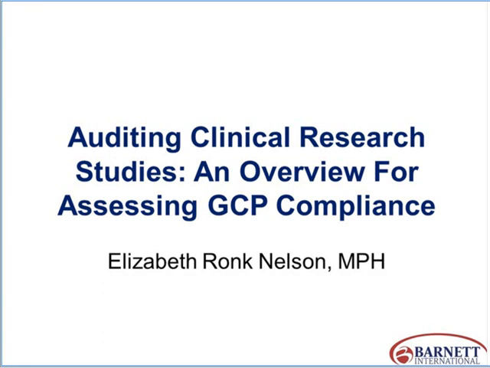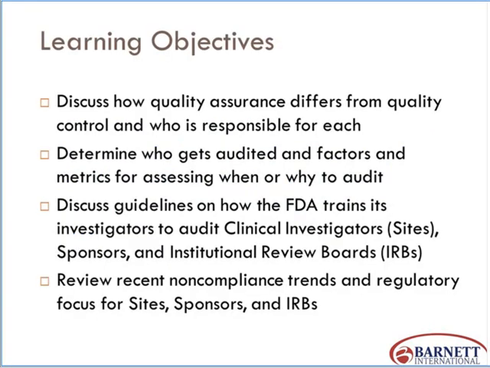So we see oftentimes when we go in and audit sponsors or CROs, for example, that have auditing programs, sometimes they're operating at a high level of quality control and maybe not looking at the systems that we would expect for them to be reviewing. So we'll look at quality assurance and how it differs from quality control, and certainly who is responsible for each.